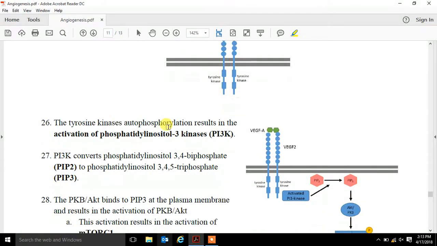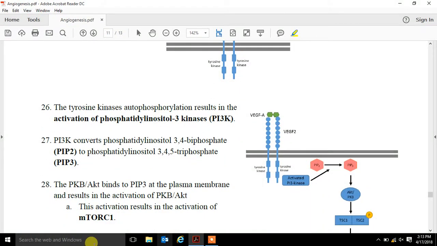So with binding, we know that we should get autophosphorylation of the tyrosine kinase, and that's going to upregulate, activate PI3K. I'll let you guys write here a little bit, and then I'll talk about it.